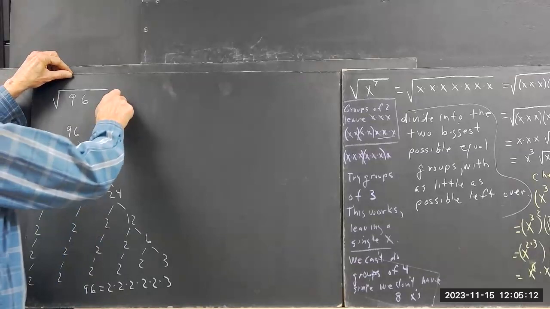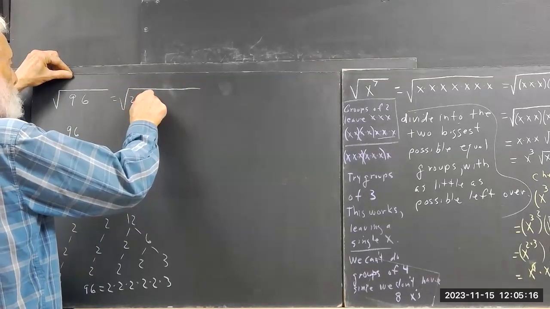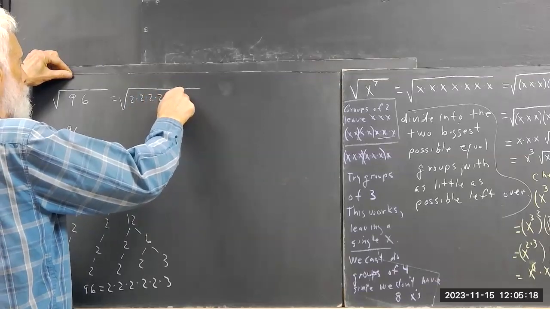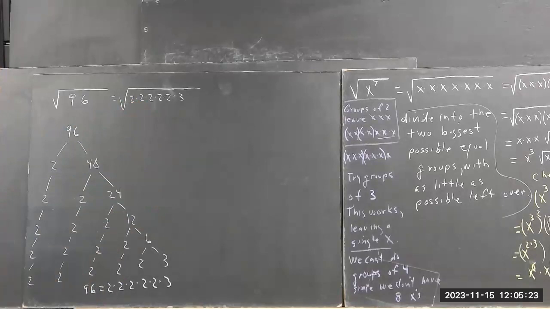So this is the square root of 2 times 2 times 2 times 2 times 3.